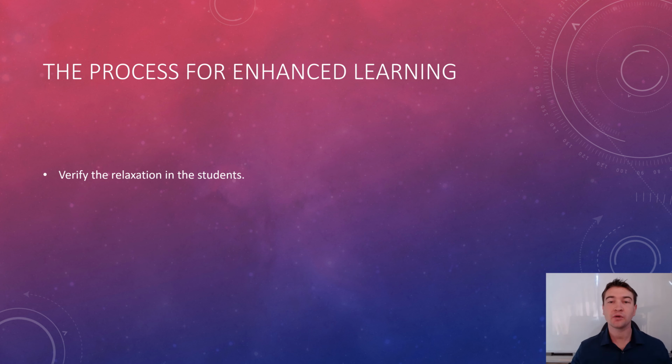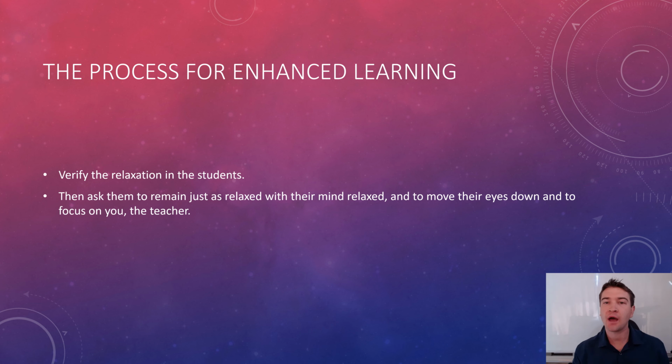And then once again you want to verify that relaxation in the students and anchor it in, as we'll get into anchoring a bit later, but using those phrases, that's right, very good, and the like. Then you want to ask them to remain just as relaxed, with their mind relaxed, and to move their eyes down and to focus on you, the teacher.